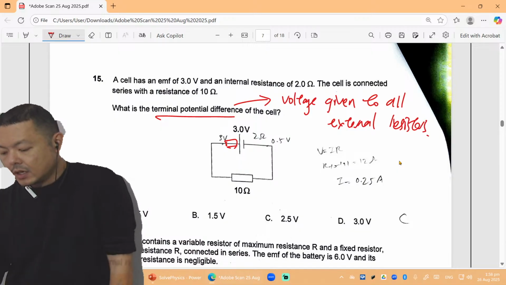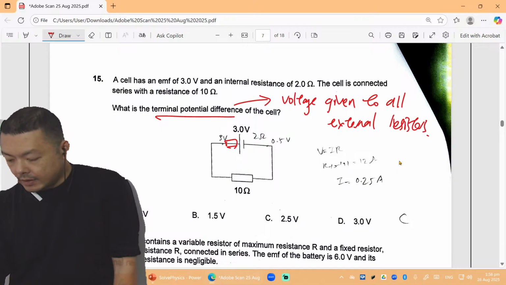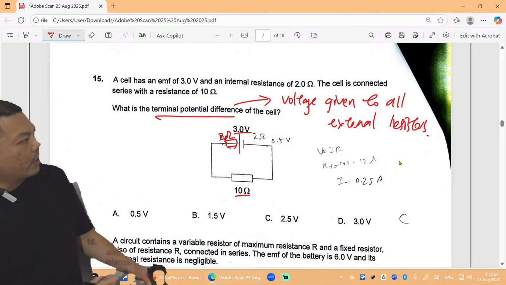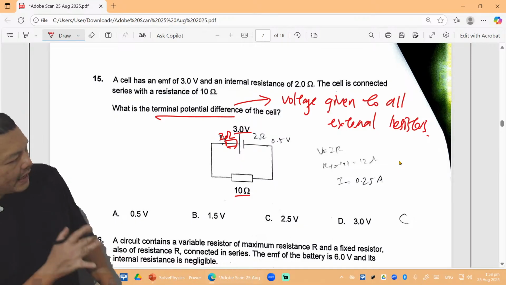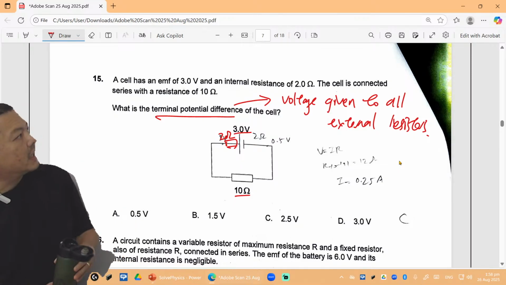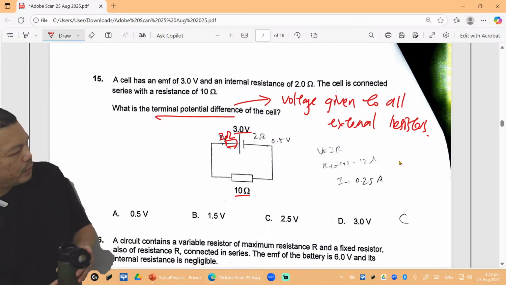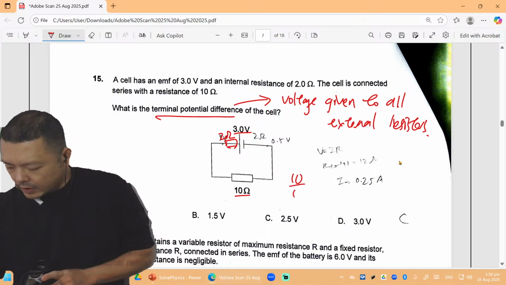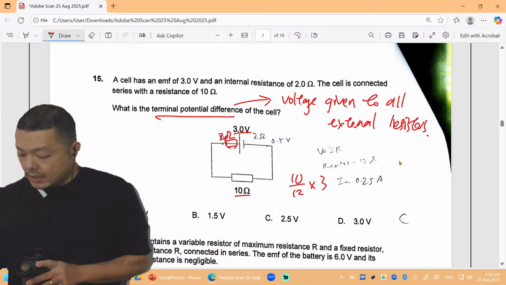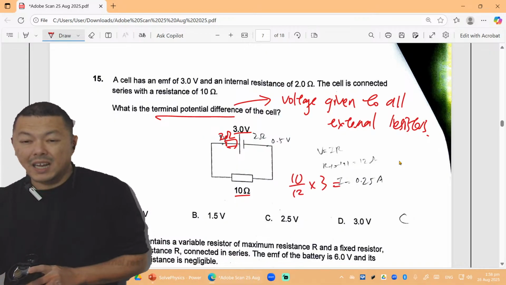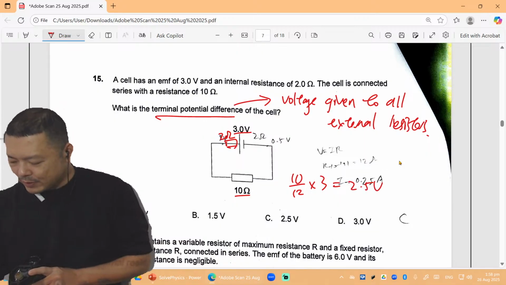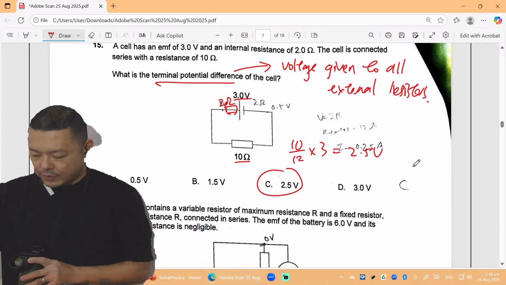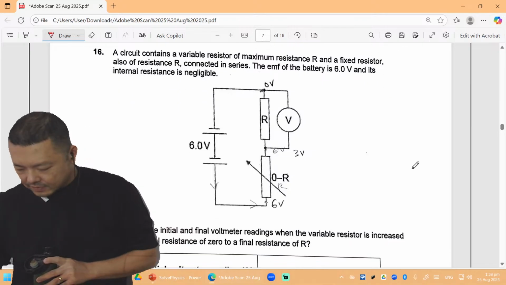Which means what's the voltage given to the 10 ohm guy? So we got a 3 volt battery. There's an internal resistance of 2 ohms. This one's 10 ohms. So how much volts does the 10 ohm get? That's the TPD. 10 over 12 times 3. That would be 2.5 volts. Sorry, the math is not working for me. But yeah, okay, 2.5. So 15 is C.